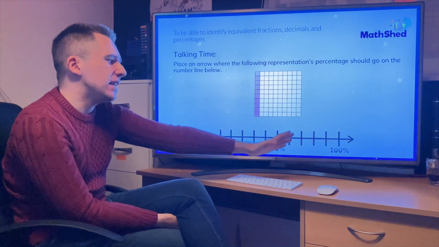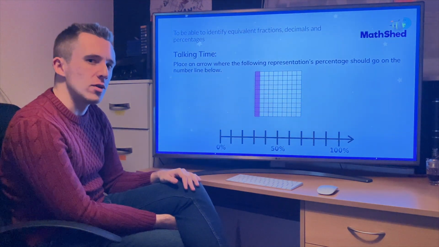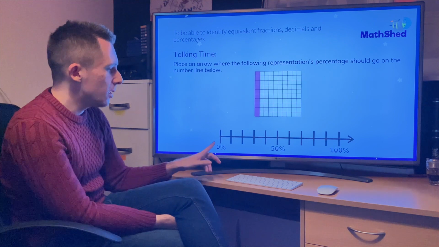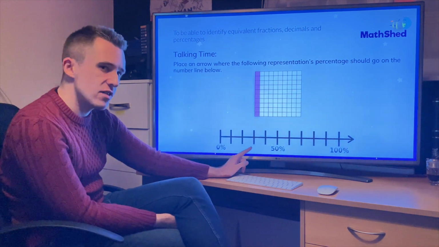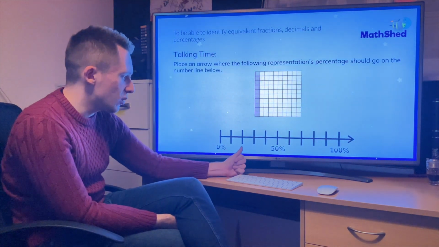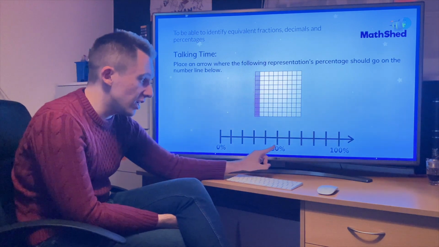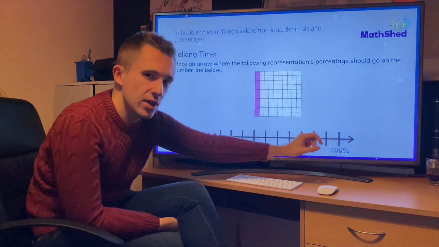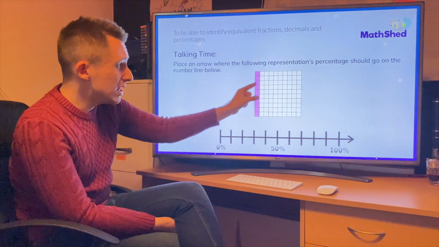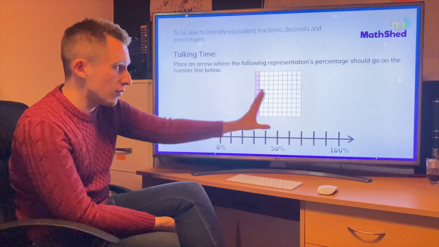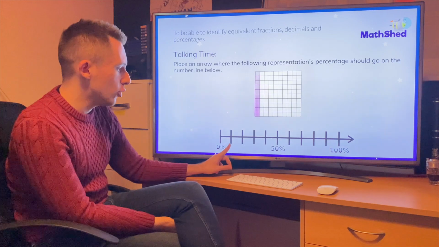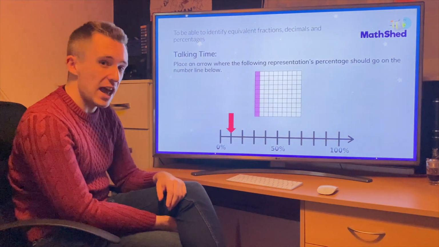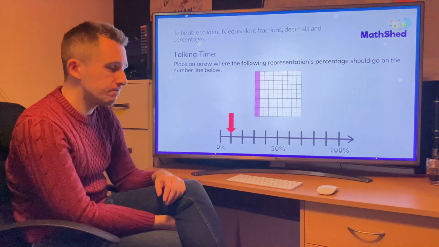Where would that be on my number line at the bottom? Well, these count up in 10%. 10, 20, 30, 40, 50, 60, 70, 80, 90, 100. We've got 10 out of 100, so our arrow would go there, onto the 10%.